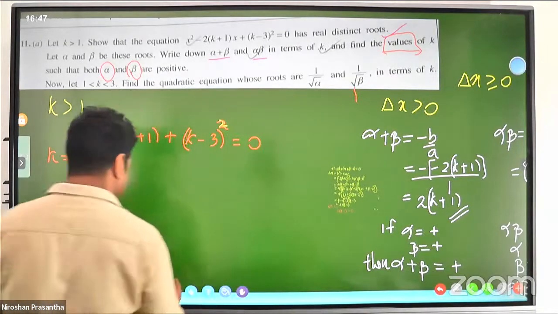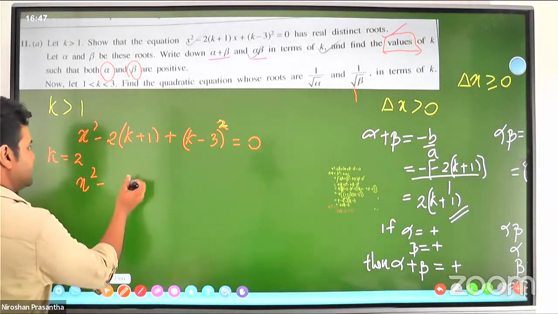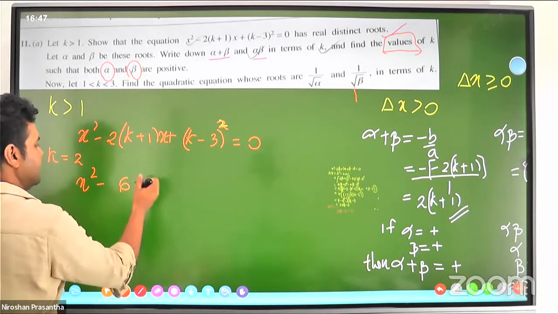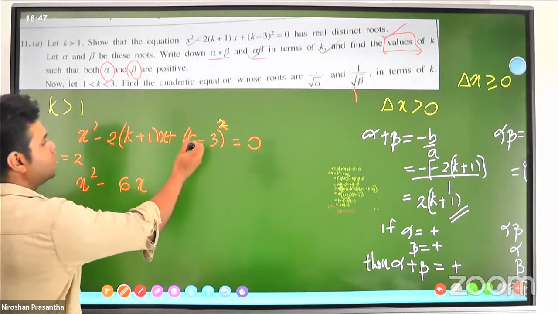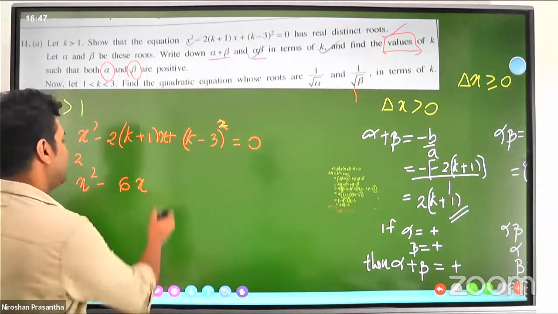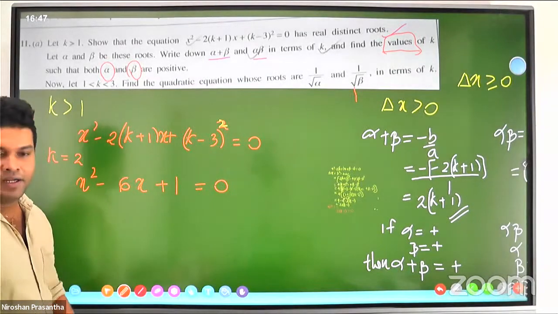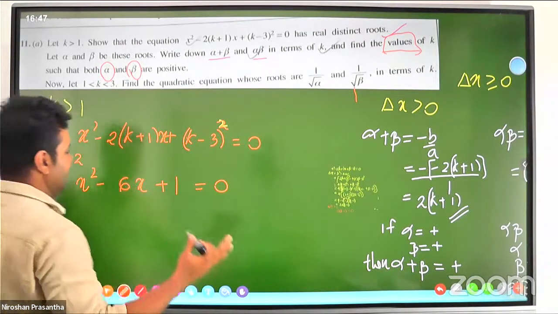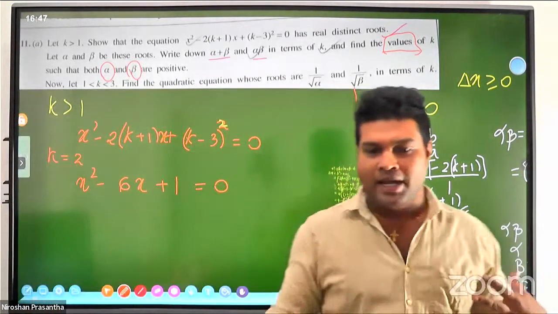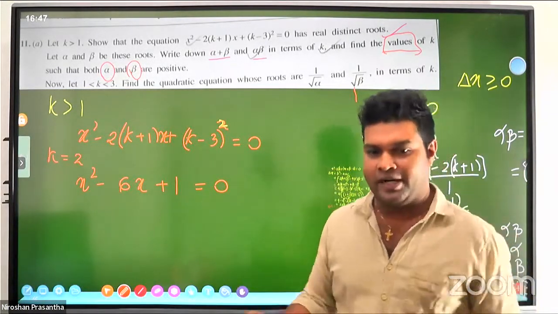6, and there was x later, 6x. And if you write 2 here, 2 minus 1, 1 to the power 2. Now to solve this, we can find factors, but however, we must check whether the two roots are positive.